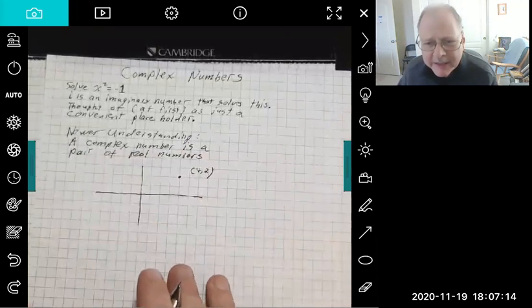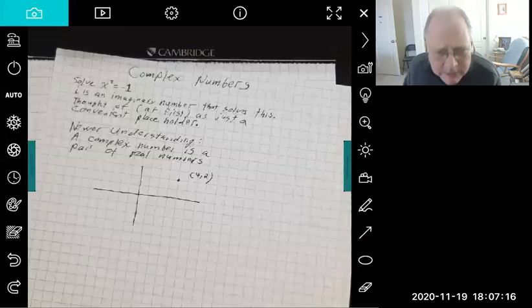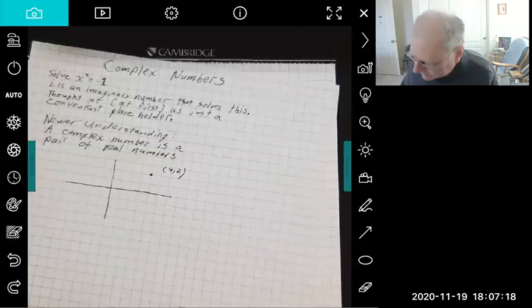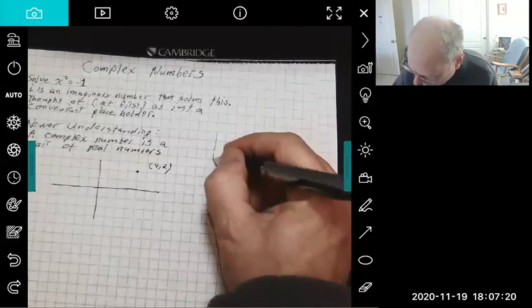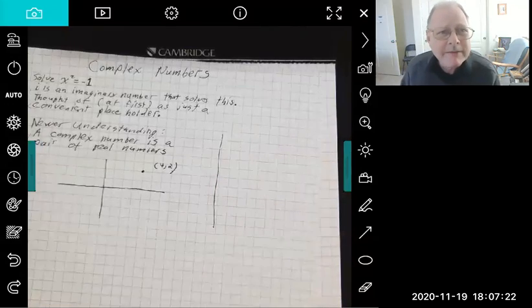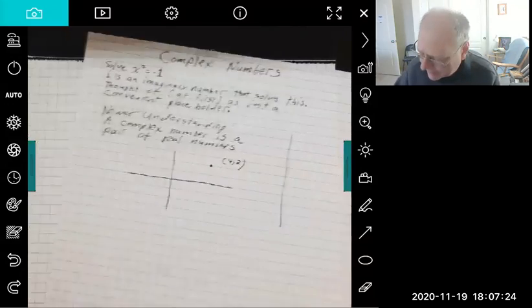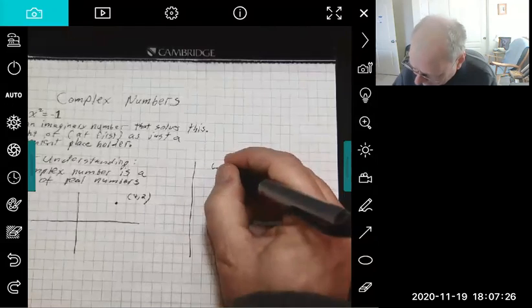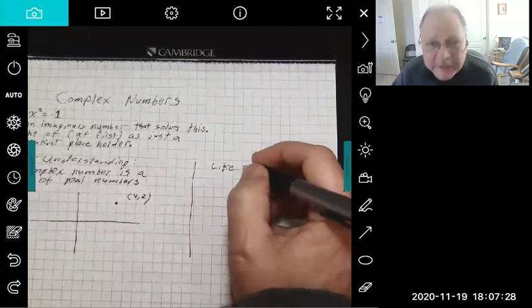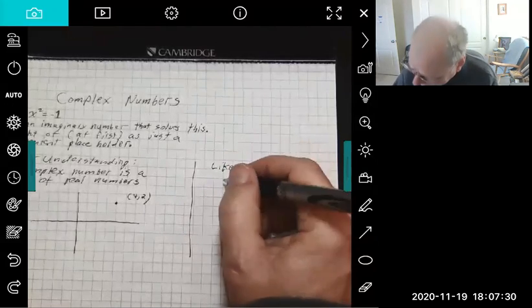And you may be saying, that's not a number, that's two numbers, a pair. And you'd be taking the same attitude like when fractions were introduced.